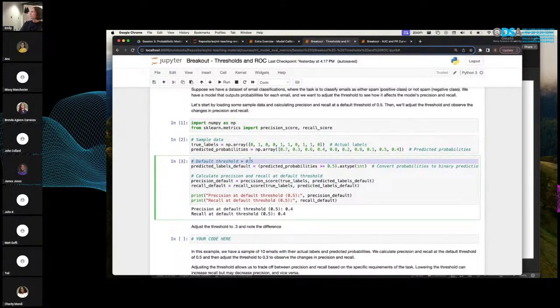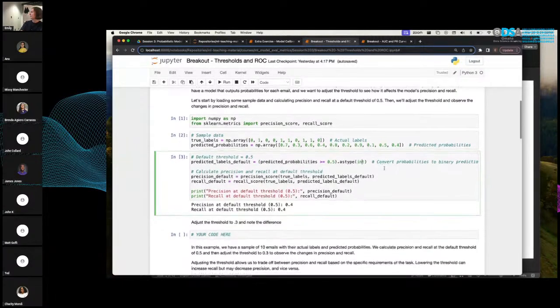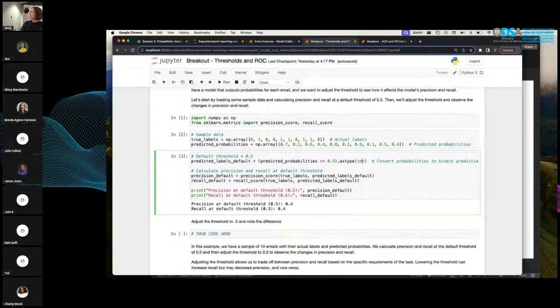So our default threshold is 0.5. Now we're going to take our predicted probabilities here, and we're going to transform them into predictions, into discrete 1, 0 predictions. So we have our predicted labels default. It's where predicted probabilities is greater than or equal to 0.5. And then we're just going to cast them to an int to be complete there.